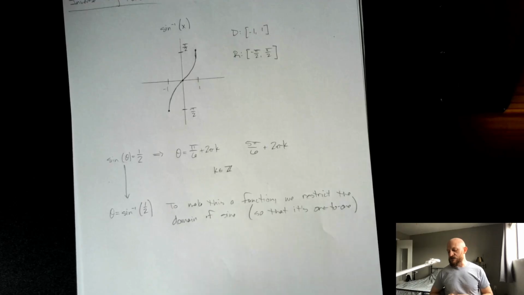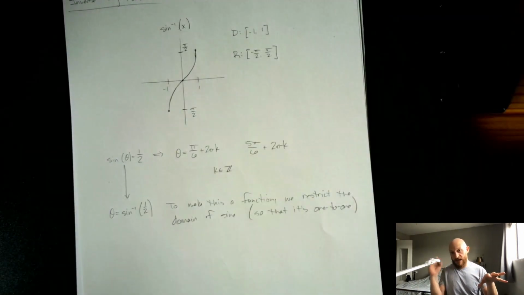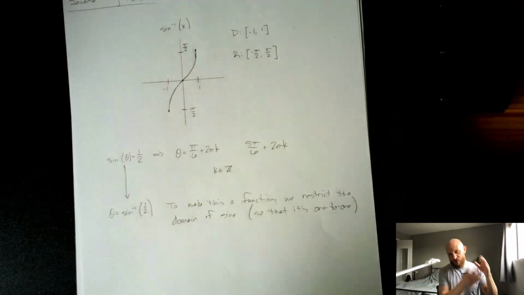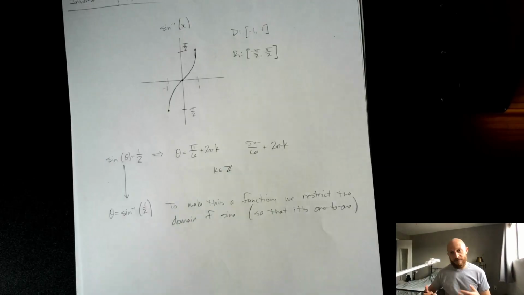The criterion is that if you have a function and you want the inverse of that function to also be a function, then the original function has to be 1-to-1. So we need to restrict the domain of sine so that it is a one-to-one function.